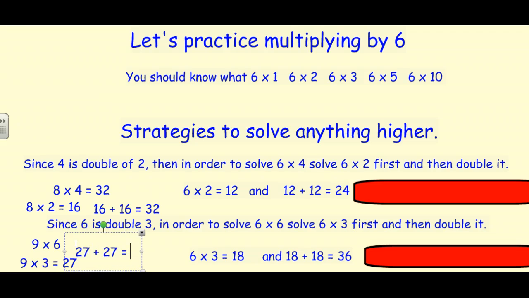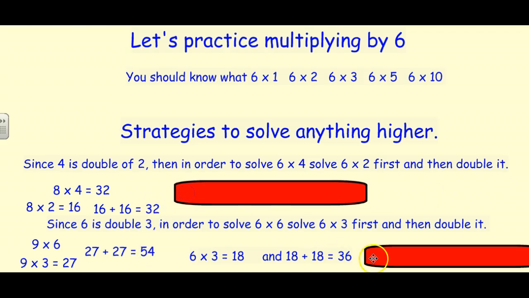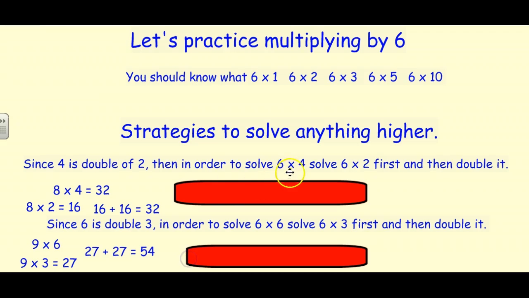And when I add 27 and 27 together, that is going to give me 54. So you can use these strategies with any multiplication equation that has 4 or 6 in it. You just take it back down to 2 and you take it back down to 3 and double your answers.